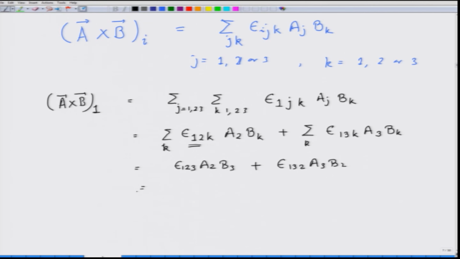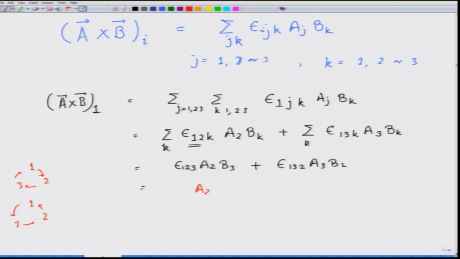Now, let us make again our clock, 1, 2, 3. If I go this way, it is 1 for 1, 2, 3. If I go this way, it is minus 1. So, epsilon 1, 2, 3, I am going clockwise, so it is going to be 1.